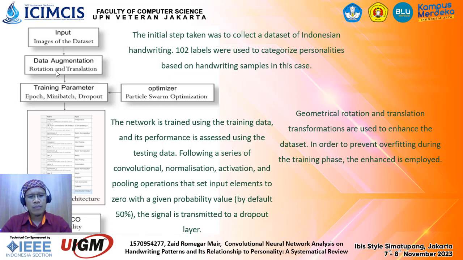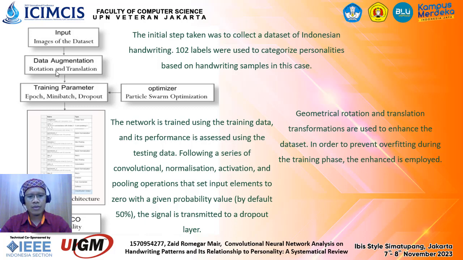The network is trained using training data, and its performance is assessed using the testing data following a series of convolutional, normalization, activation, and pooling operations, with a dropout that sets input elements to 0 with a given probability value, by default 50%.